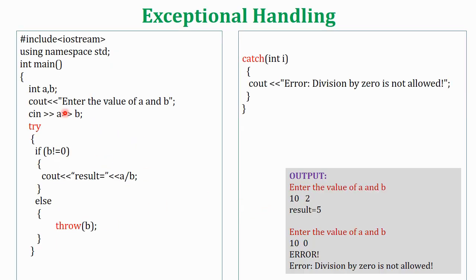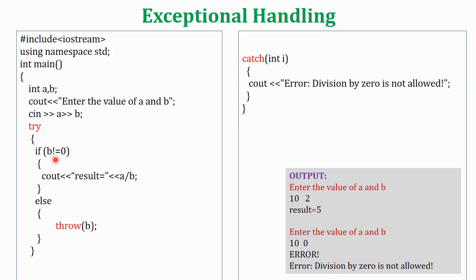For example, the concept is divide by 0 or divide by values. We are declaring variables a, b. We are getting the input values for a and b from the user. Then we verify whether the b value is 0 or not in the try block.